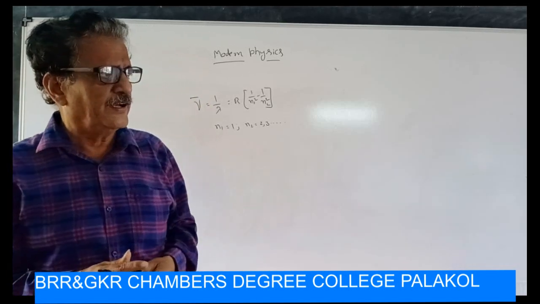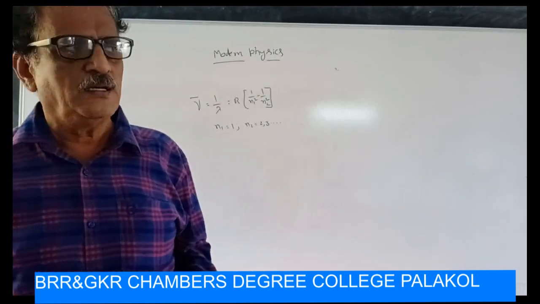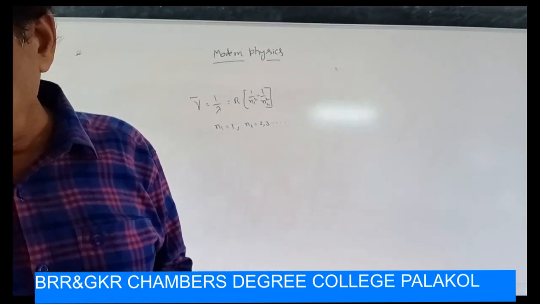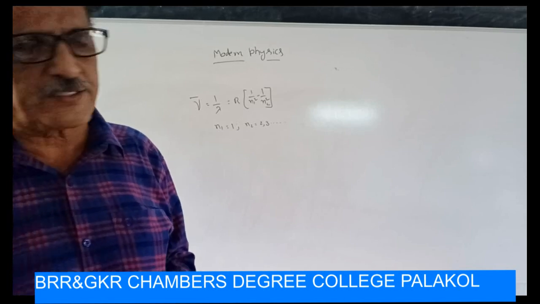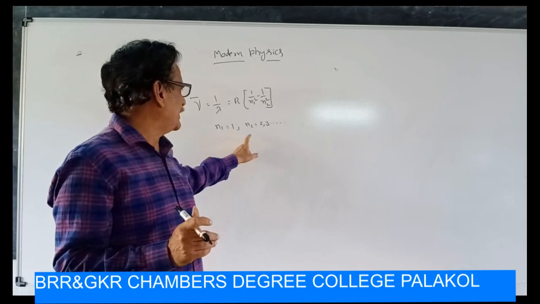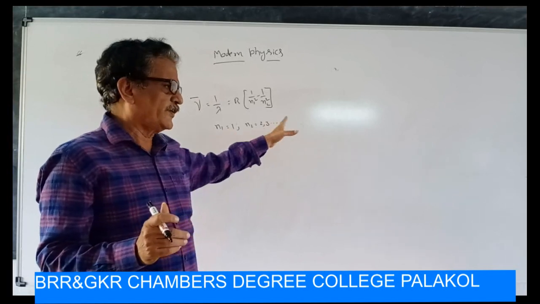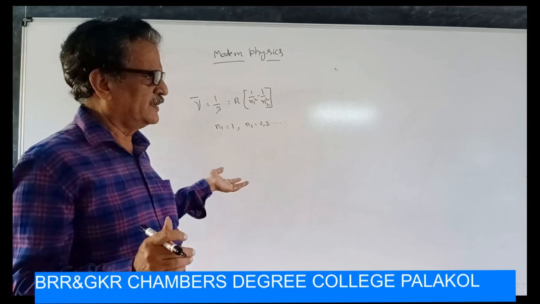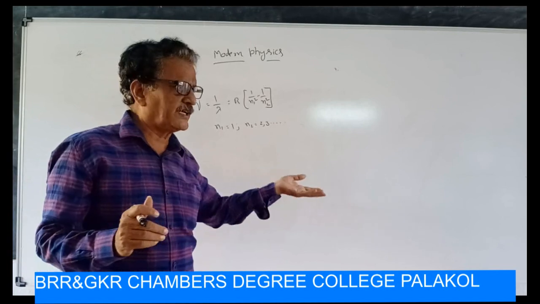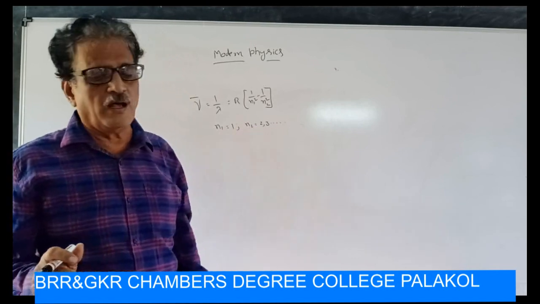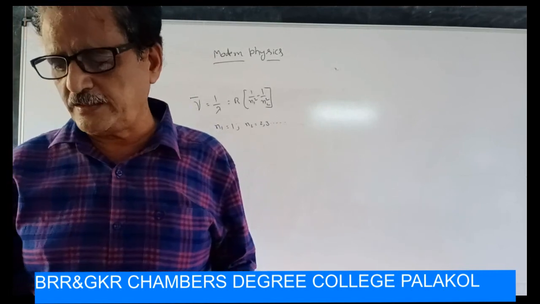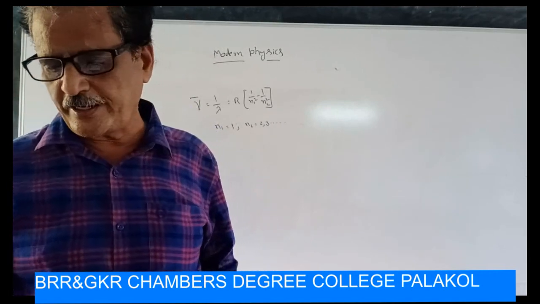The Lyman series is in the ultraviolet region. The other series are Paschen, Brackett, and Pfund series. If n1 is equal to 3 and n2 is equal to 4, 5, 6, we will get the Paschen series. If n1 is equal to 4, we will get the Brackett series. And if n1 is equal to 5, we will get the Pfund series. All these series belong to the infrared region.